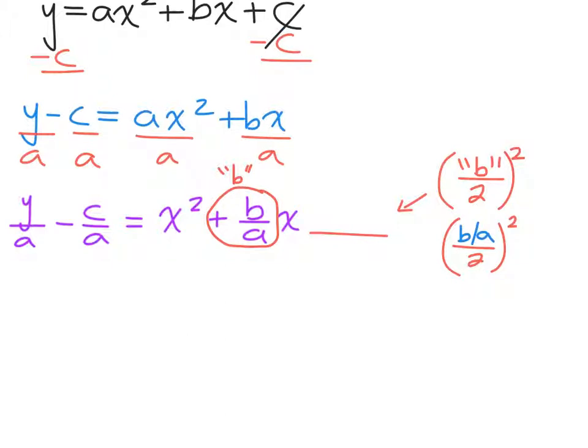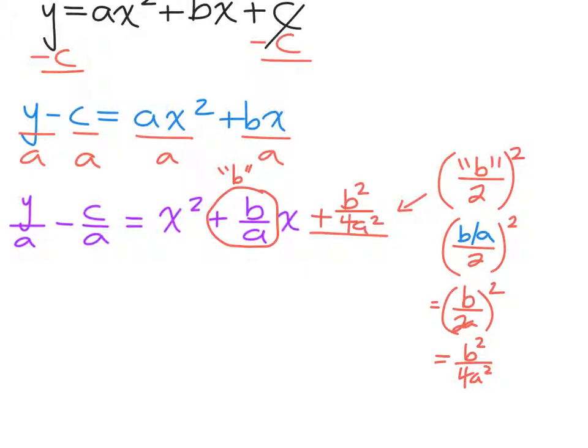That is squared, so we have b over 2a as a quantity squared, which ends up being b squared over 4a squared. That's what's getting plugged into the gap.